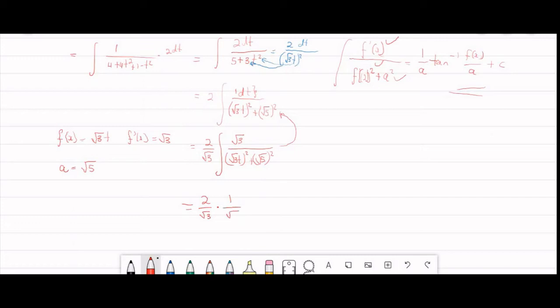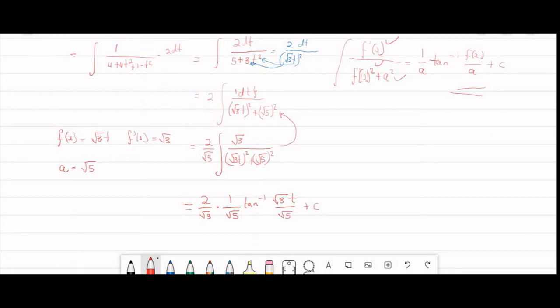So a is a square root of 5, tan inverse. Then our f at x, we said it's a square root of 3t over a square root of 5. We're still on the right track, plus c.